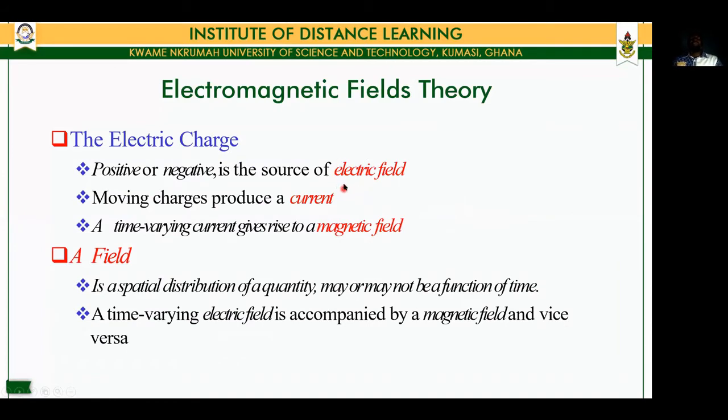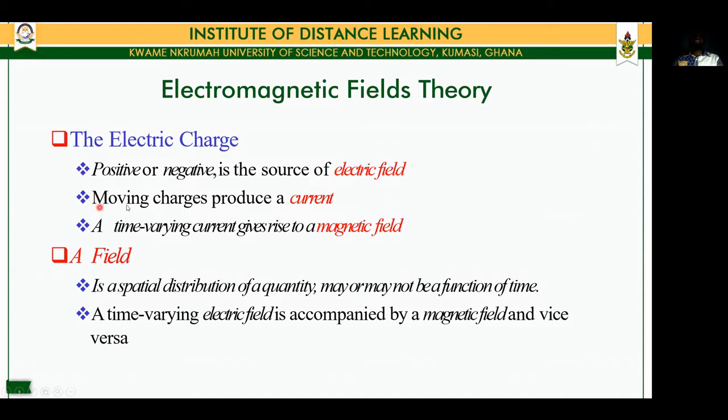So we continue. We look at the source of the electromagnetic field, which is what? The electric charge. This electric charge can either be positive or negative. If you take an atom, for example, an atom has electrons and protons. The electrons give us negative charges and the protons give us positive charges. So the electric charge is either positive or negative, and this charge is the source of the electric field.